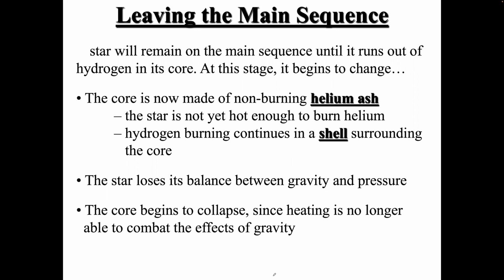But once you have the helium, the star is not yet hot enough to burn it, because you have to increase the temperature again. So in the central region, you have helium ash, and the temperature is not hot enough to start helium fusion.